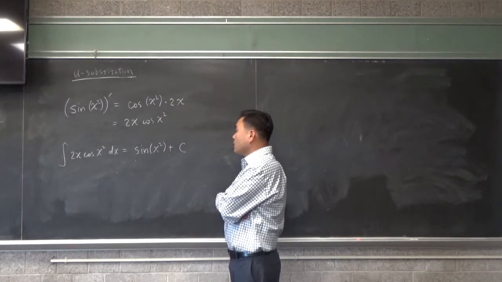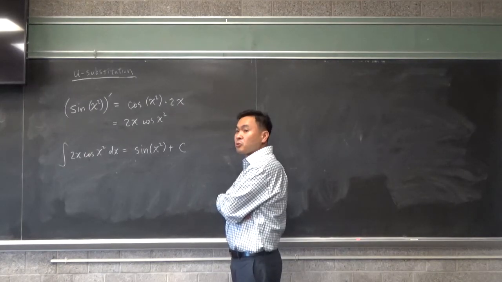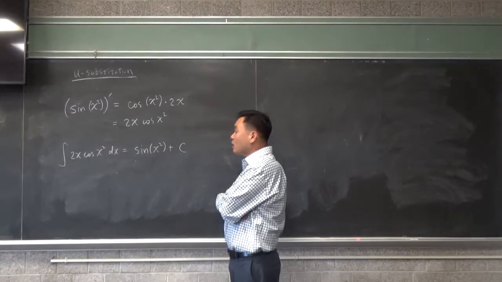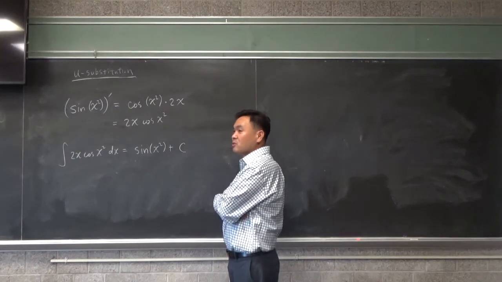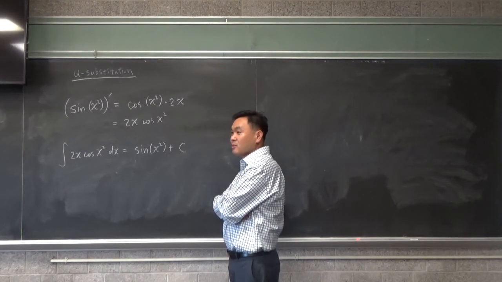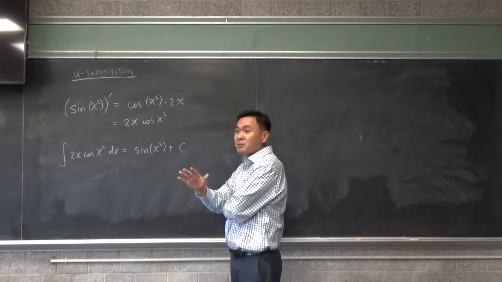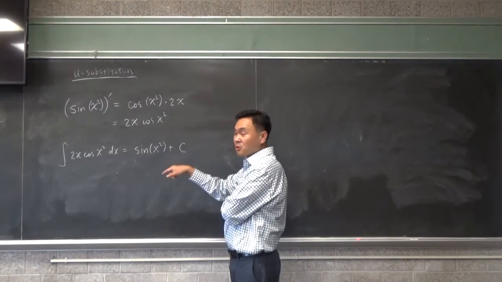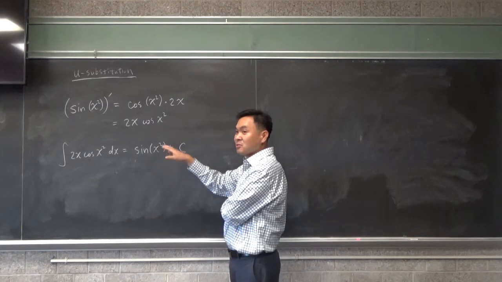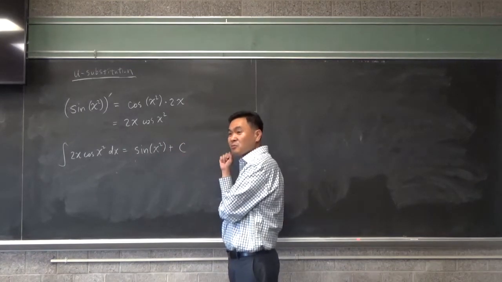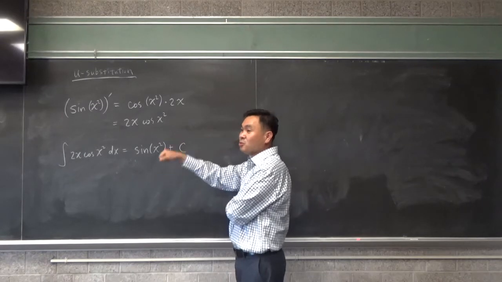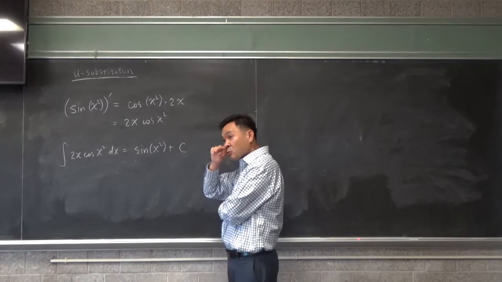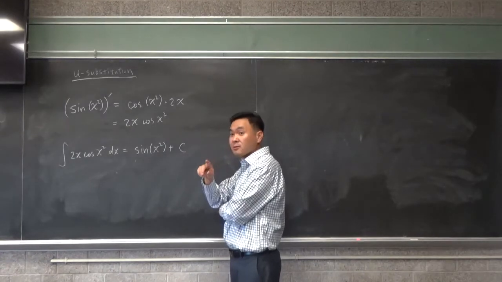So 2x was created by the chain rule, and therefore if you undo the chain rule, it's going to go away. So it's going to be a difference. Does that make sense? 2x was created by the chain rule, so since integration is the undoing of the differentiation, when you undo the chain rule, it also takes away anything that was created by the chain rule.